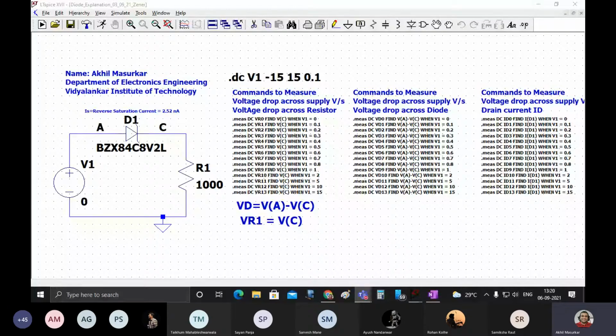Okay, Jose, you are correct, but you have not written your roll number and the .dc command. Come on, everybody should do this.